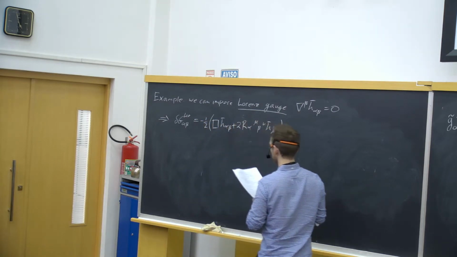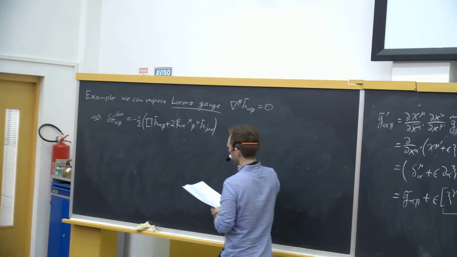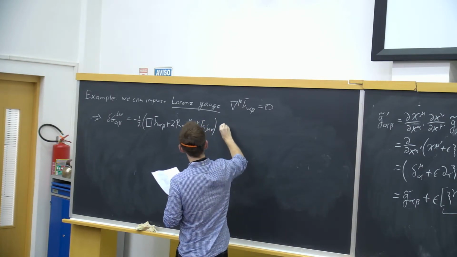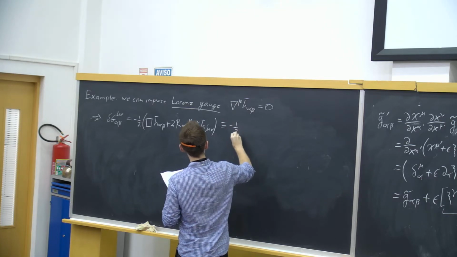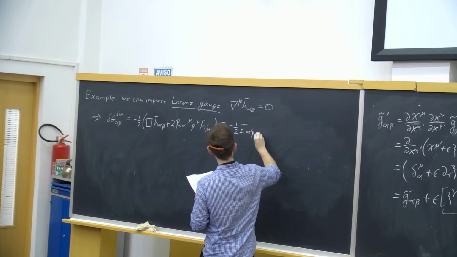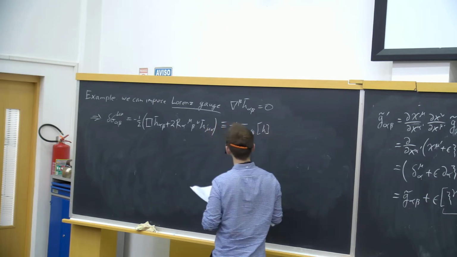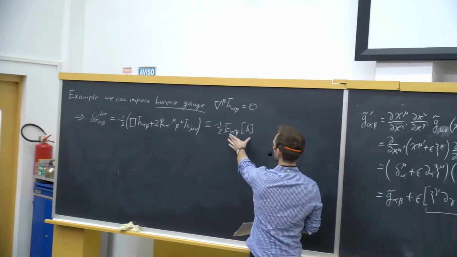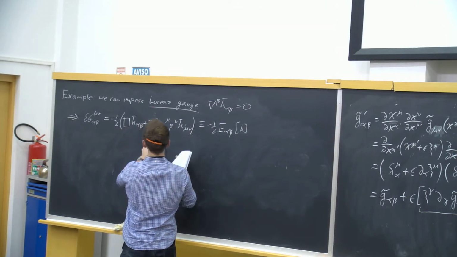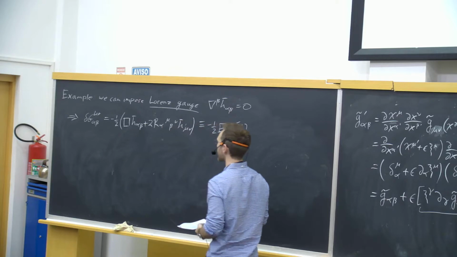And that's it. Everything else vanishes. For future use, I'm going to define this to be -1/2 E alpha beta constructed from h bar. So this E alpha beta is just this piece, the box of h bar plus the Riemann term.